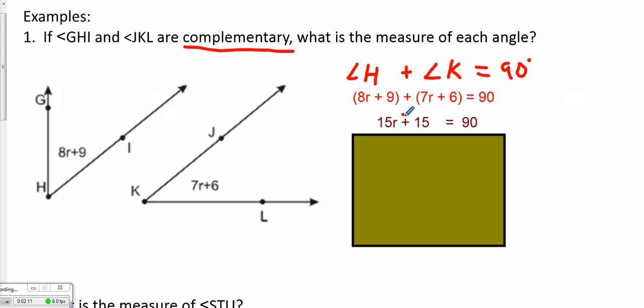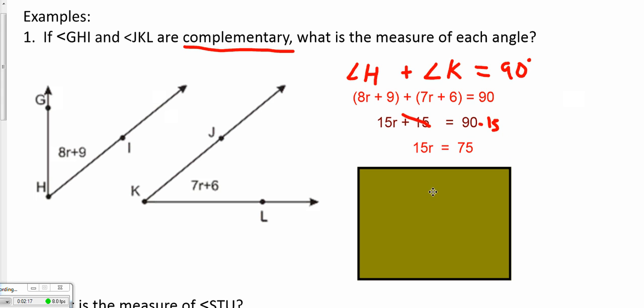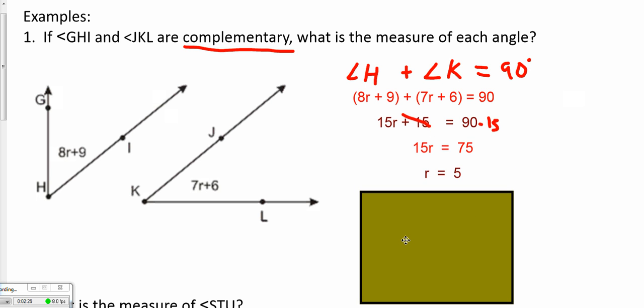That would get rid of it over here, minus 15 on this side. Well, what would that become then? It would just say 15r equals 75. Okay, we're not quite done yet. We've got to get r alone. Divide both sides by 15, and we get r equals 5. So we know that r equals 5.